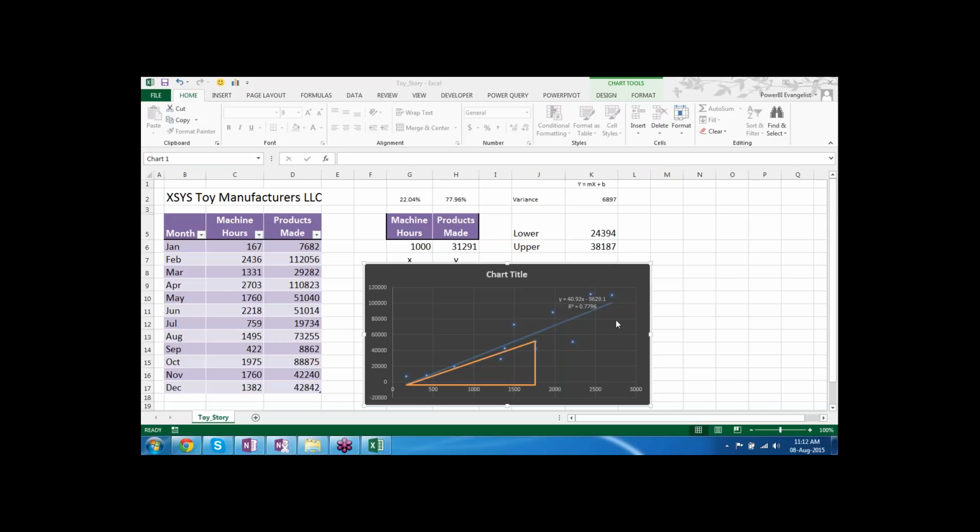In this equation, if you put our 1000 as x, multiply and subtract, you will get the same output.